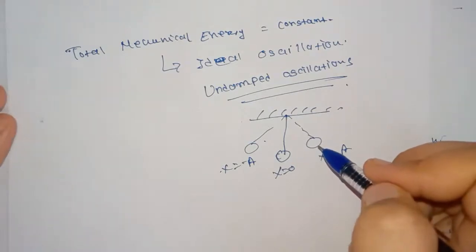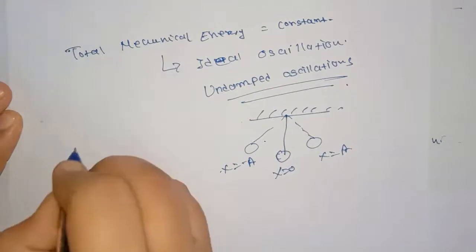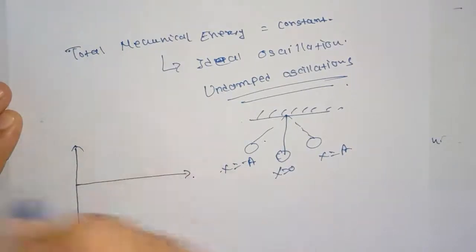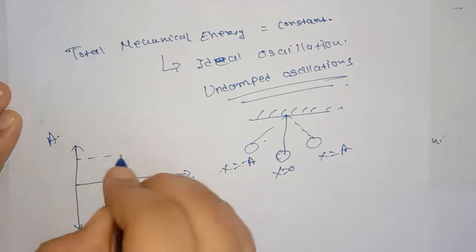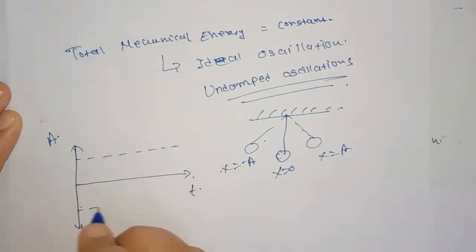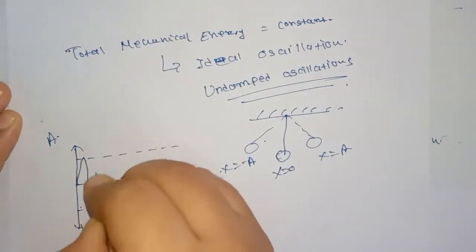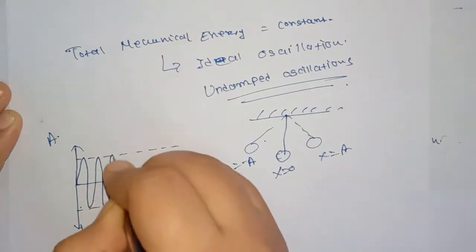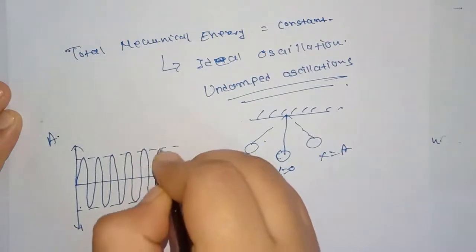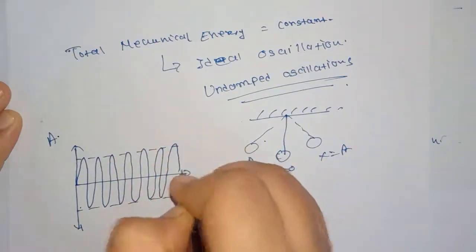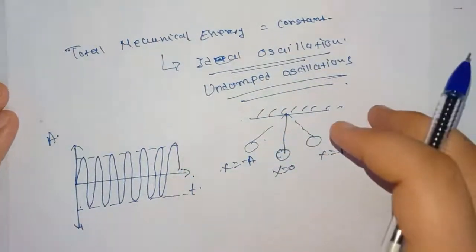So if we draw the graph for displacement versus time, then the graph will be like this. The maximum amplitude is not changing.